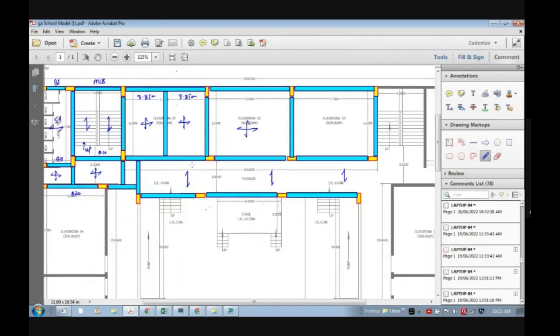So this is also one of the choices. You can take such a decision also. Many times architects are not happy having beams within the passage. But if you have any strong reason for putting the beams, then definitely you can take the decision, and it is really helpful if it is structurally feasible.